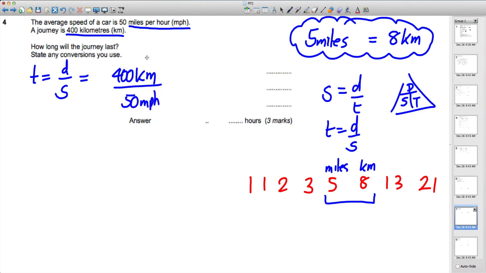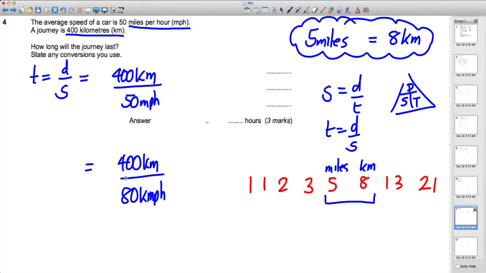Now, you can't just divide these straight away, they've got to be the same units. So it might be easier to convert 50 miles an hour to kilometres, because you know 5 miles is 8 kilometres, so 50 miles is 80 kilometres. So 50 miles per hour must be 80 kilometres per hour. So this is 400 kilometres divided by 80 kilometres per hour.